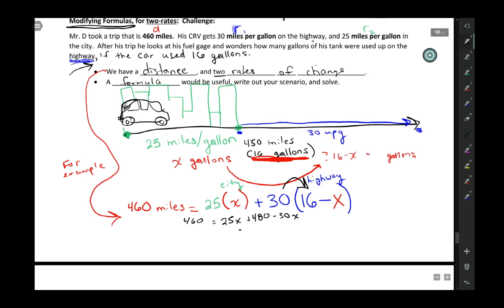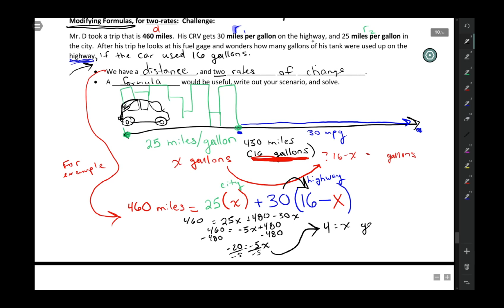It means negative 5x plus 480 equals 460. We're going to subtract 480, which gives me negative 20. Divided by negative 5, divided by negative 5, 4 is our x.